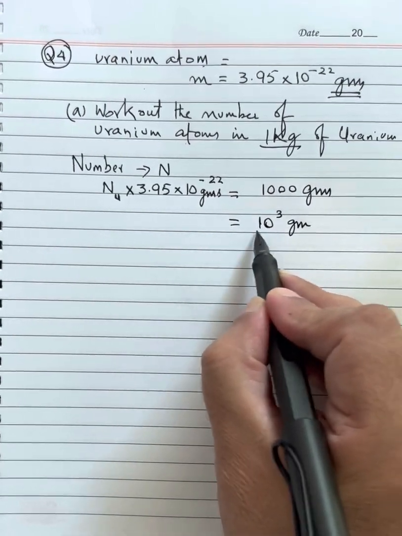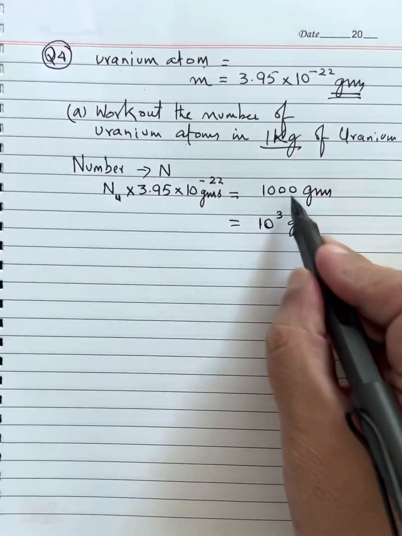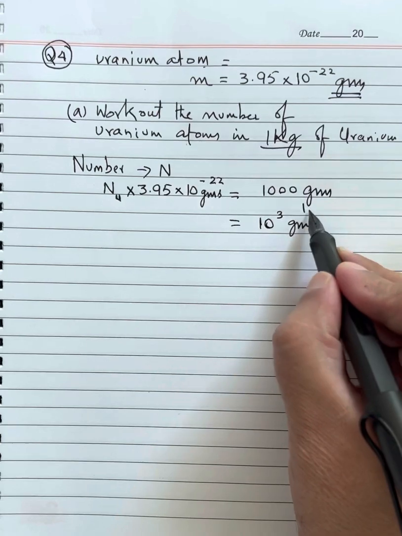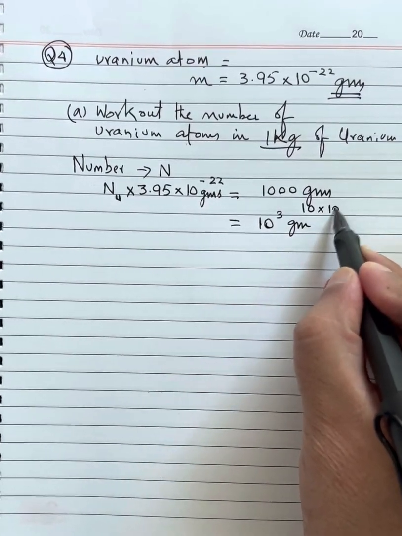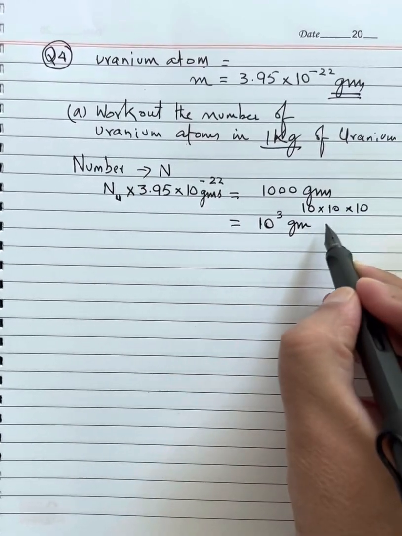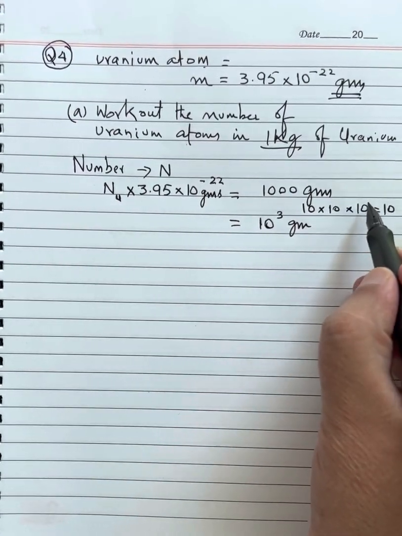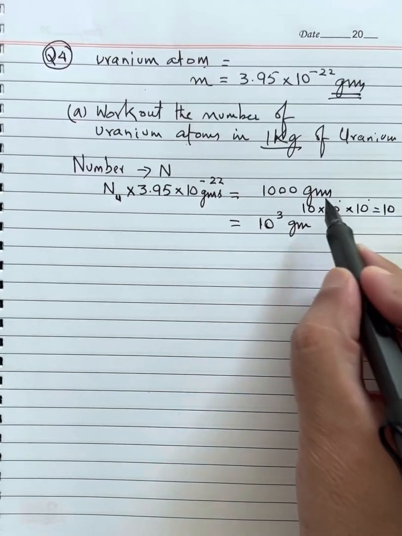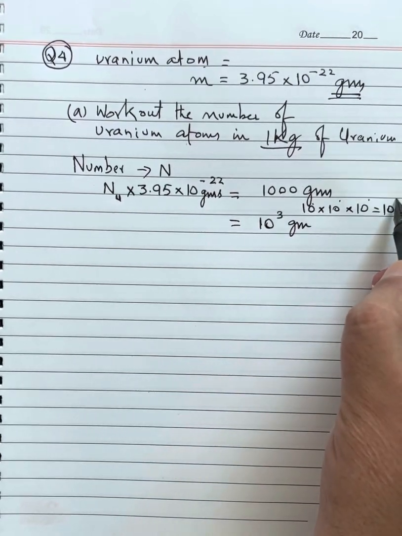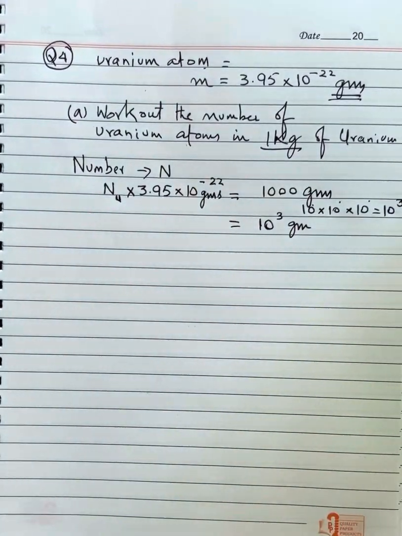You know how I've written it in terms of power, right? So 1000 is 10 times 10 times 10, and so you could also write it as 10 to the power 1 plus 1 plus 1, and that's 3. Okay, so 10 to the power 3.